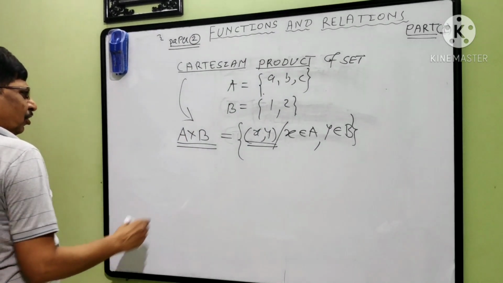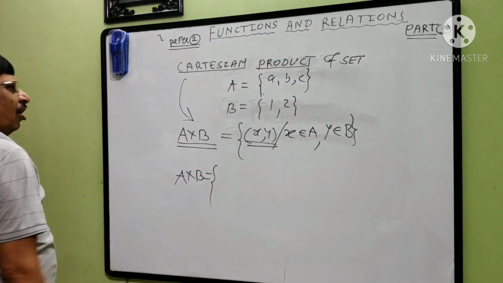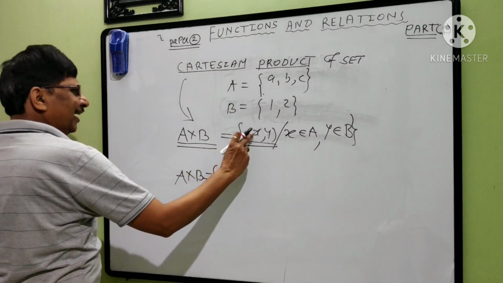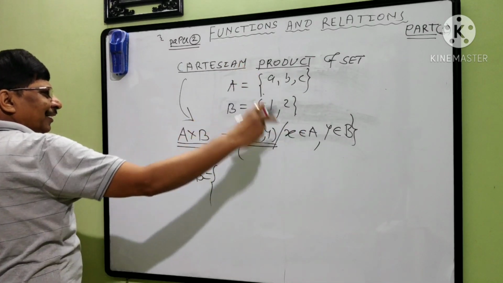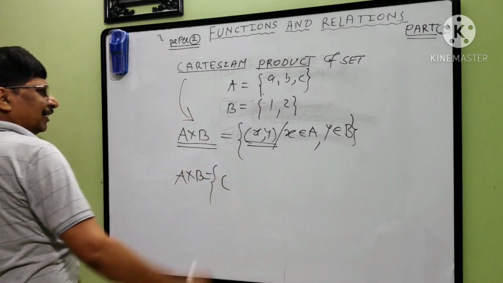Now in this particular example, all possible ordered pairs such that the first element belongs to the first set and the second element belongs to the second set is called the Cartesian product.